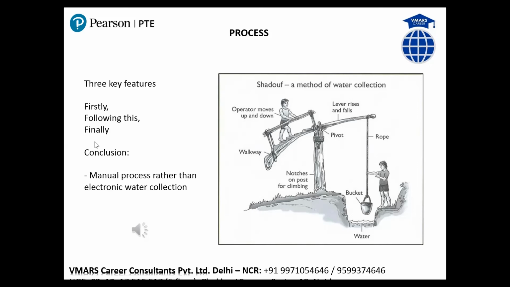Firstly, following this, finally. In the conclusion we can use that this is a manual process rather than electronic water collection. Nowadays we use electronic motors to get the water. Okay, but this is a complete manual process. It is done by humans.